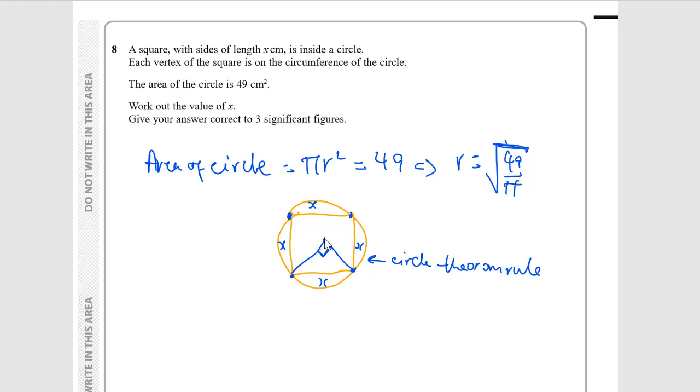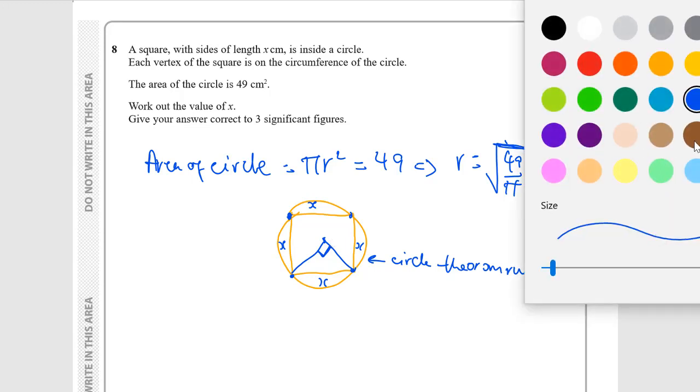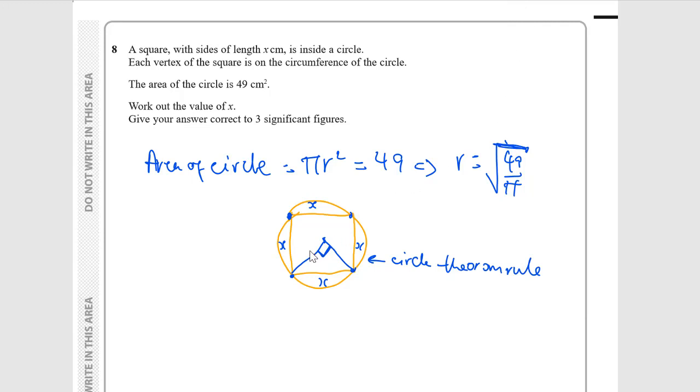Okay, we know that this is going to be isosceles. So now what we can do is say that these are radii. So if we just use a different color, this is r, this is r, so these are going to be the same.